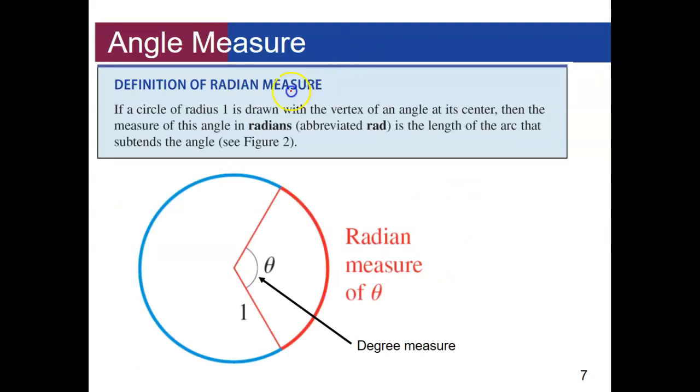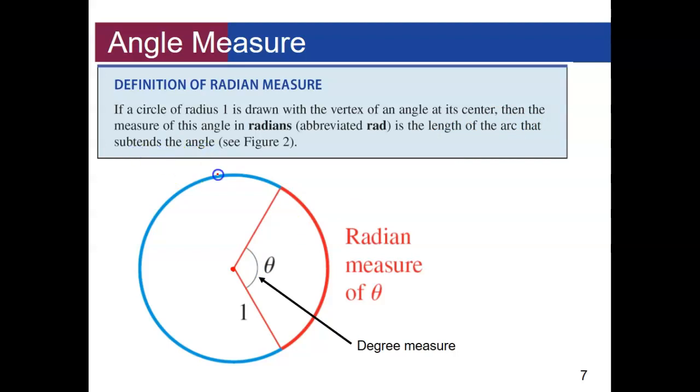So what a radian is: if we have a circle of radius 1, which is our unit circle, drawn with the vertex of an angle at its center, so we've got this vertex here located at the center of the circle, then the measure of this angle in radians is the length of the arc that subtends the angle.